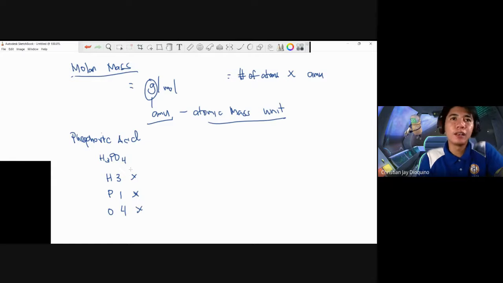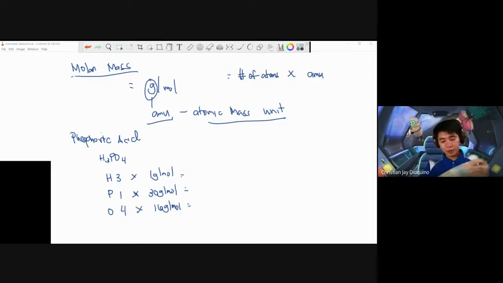Okay, molar mass, hydrogen is 1. P is 30. O is 16. Then, try tignan natin yung P. 30, 31. Lagay natin 31.